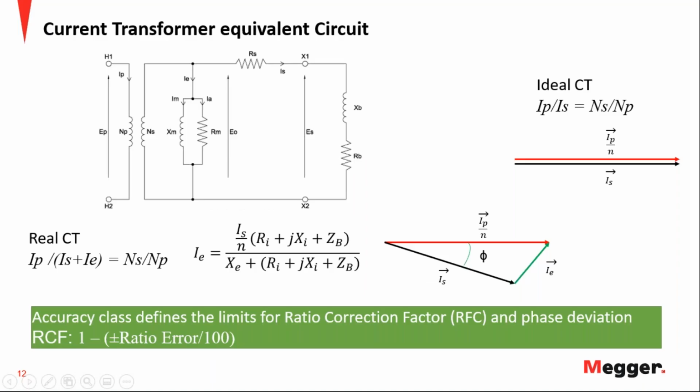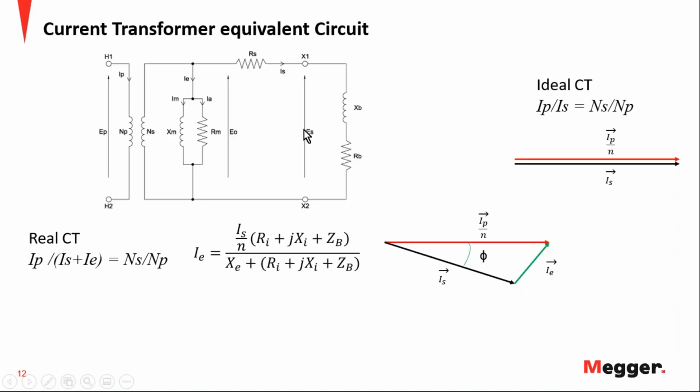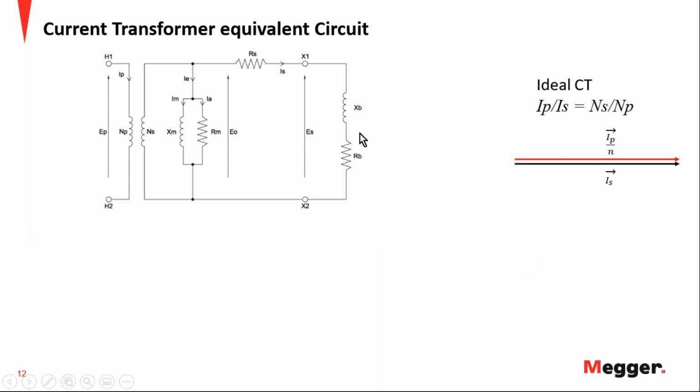So in ideal conditions, we have that there's no losses, and then whatever primary current that we have, represented in terms of the secondary side using the number of turns, should be represented as secondary current without any deviation.